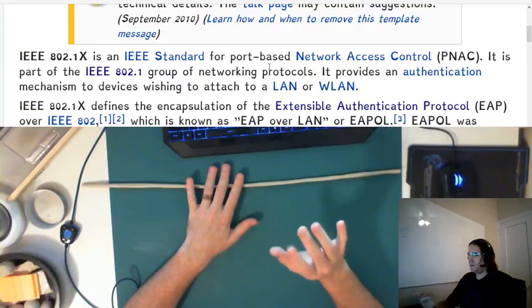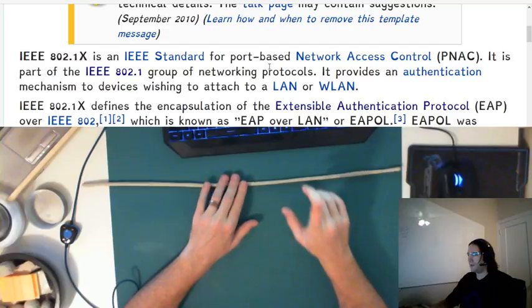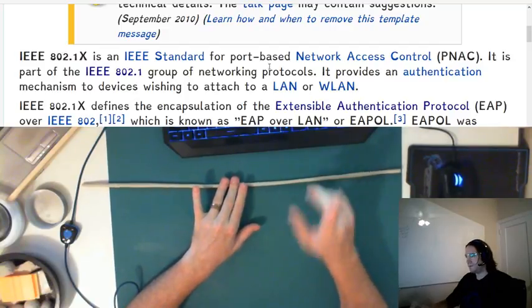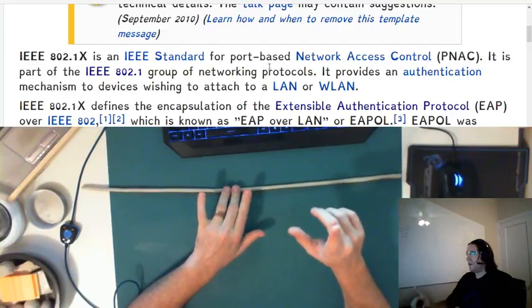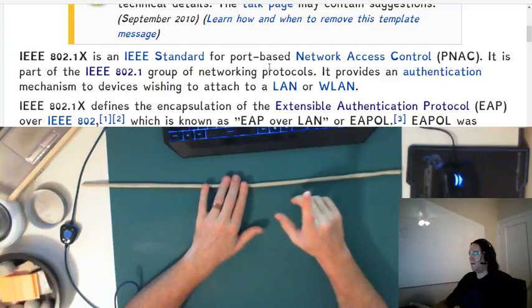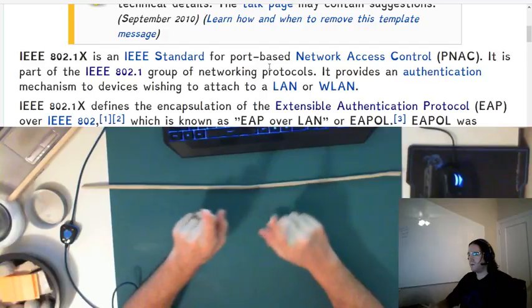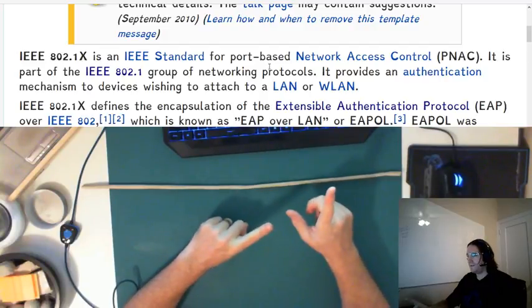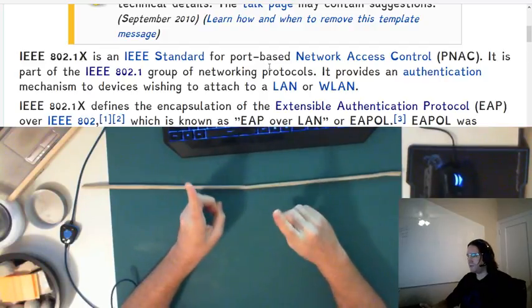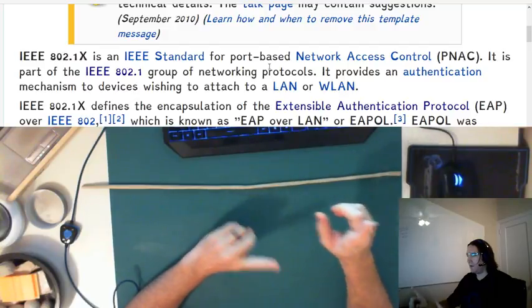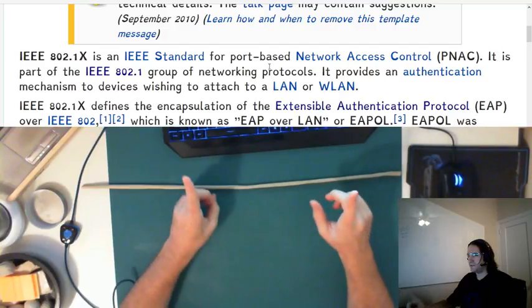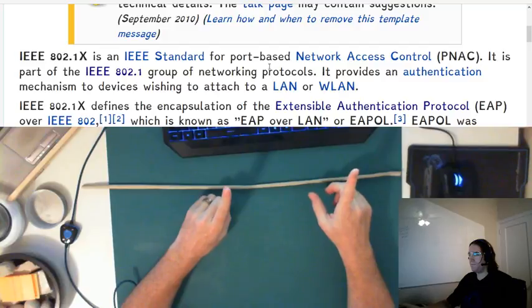In the 802.1x-2004 standard, the EAPOL protocol was also modified for use with IEEE 802.1AE, MACsec, and IEEE 802.1AR Secure Device Identity, DevID.